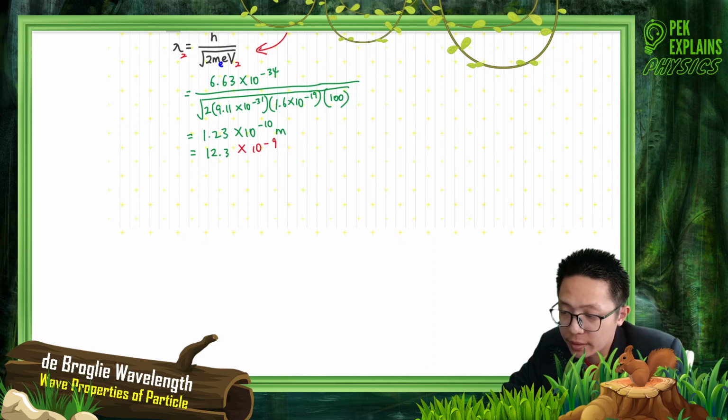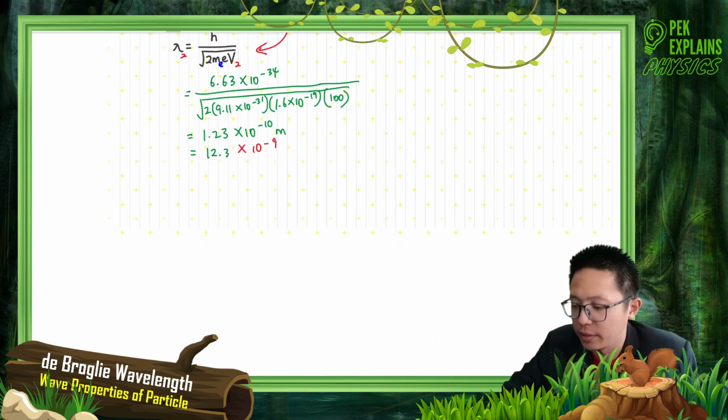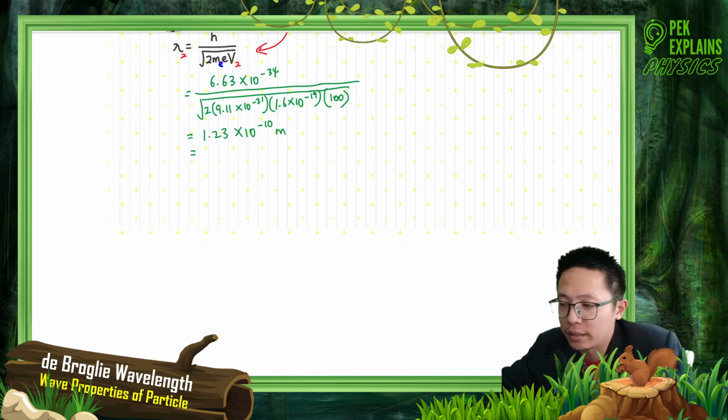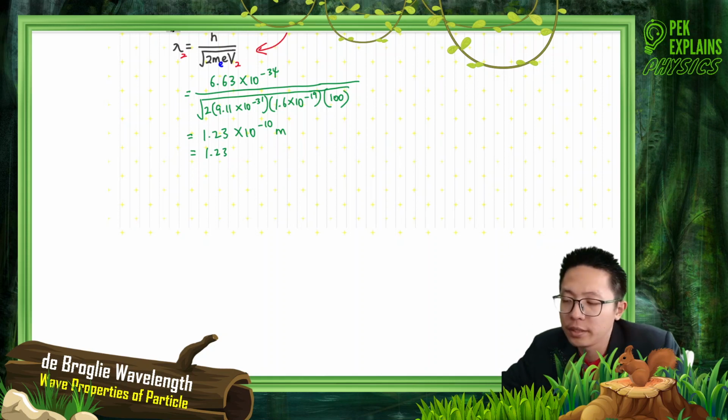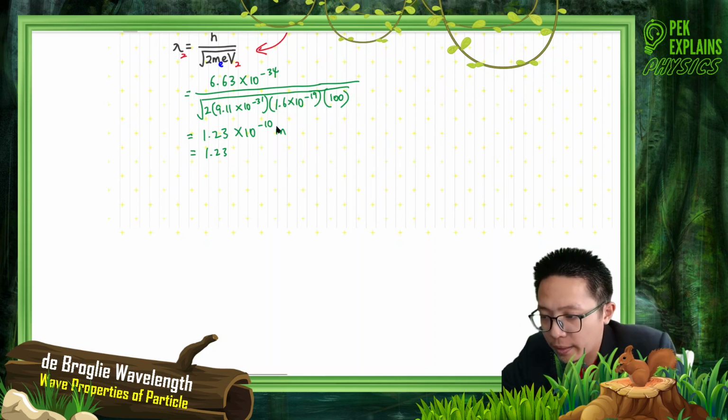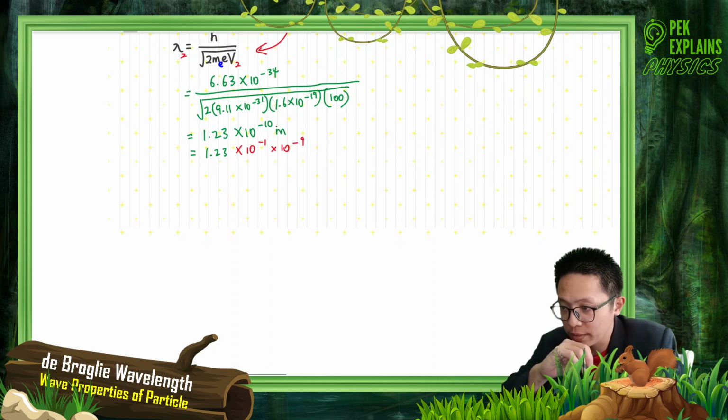Isn't it? Wait a second. Sorry, I'm wrong. If I want to make it become exponent negative 9, it actually means exponent negative 1 times exponent negative 9 meter, because I want the negative 9. You see that?